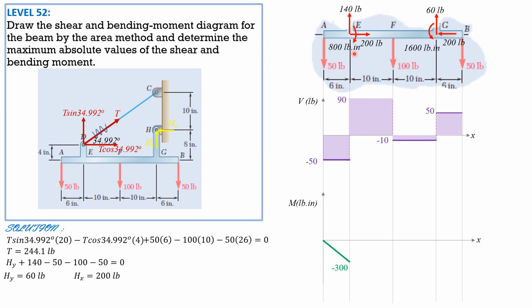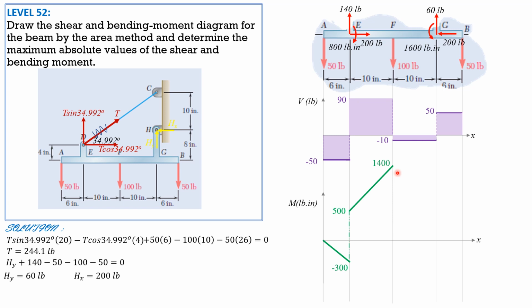Then since there is a clockwise moment, which is positive, negative 300 plus 800, so 500, it changes abruptly to 500. Then 500 plus the area here, which is 90 times 10, 900, so it is a positive 90 slope line. 500 plus 900 is 1400 here.